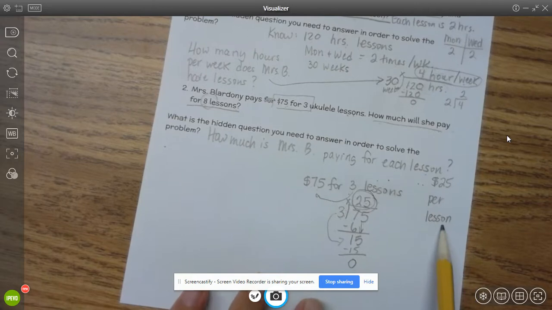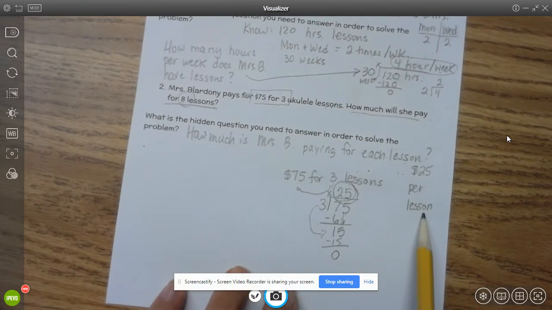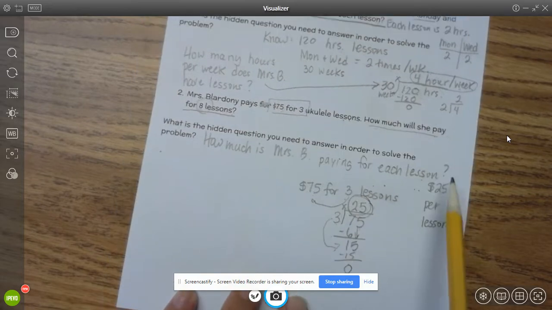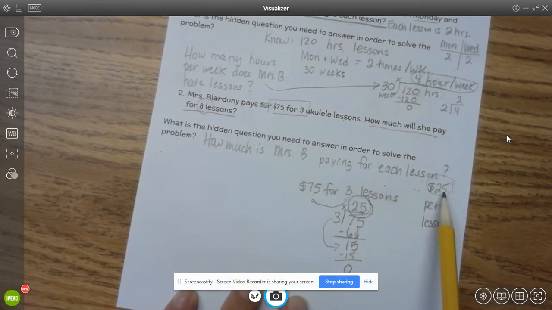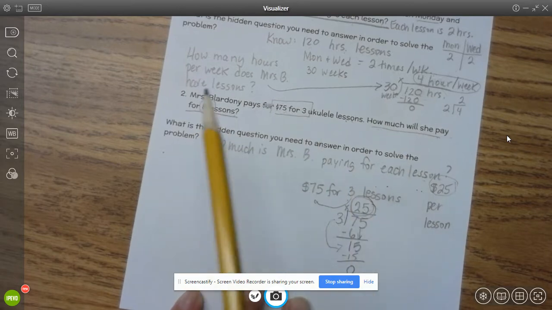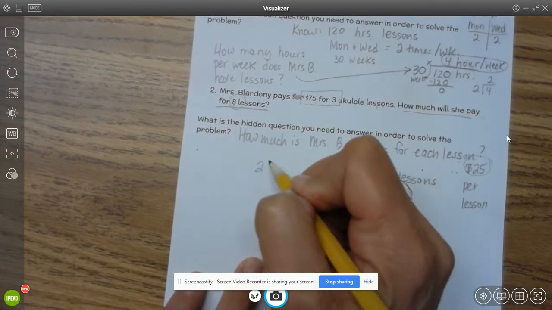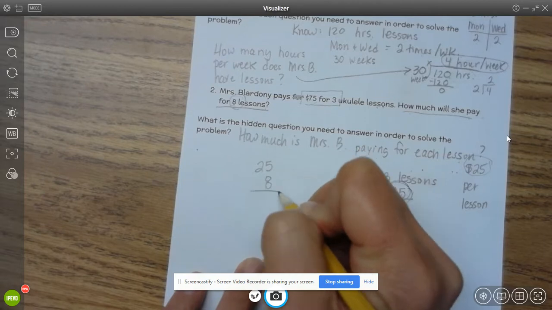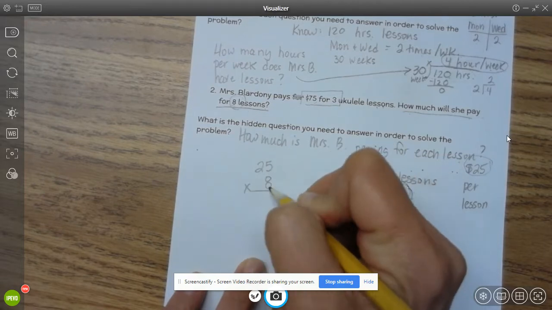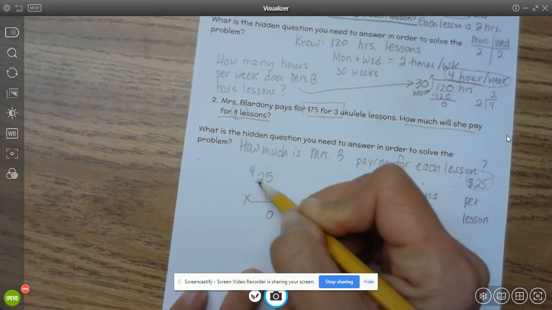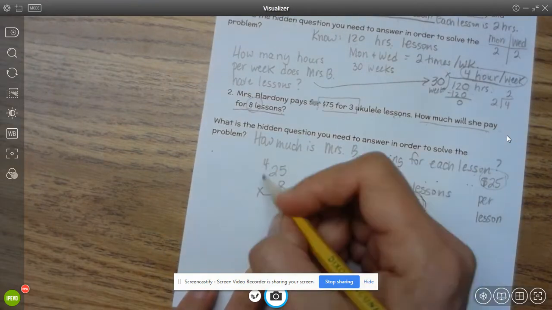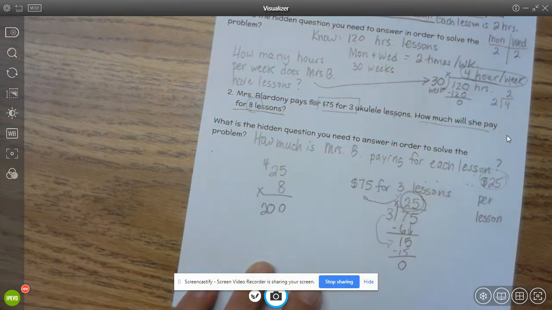Okay, now that I've divided and determined how much I'm paying per lesson, I can simply multiply my $25 per lesson times the 8 lessons. So 25 times 8. 5 times 8 is 40. 2 times 8 is 16. Plus 4 more is 200.